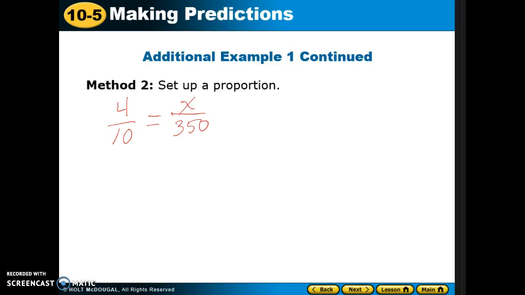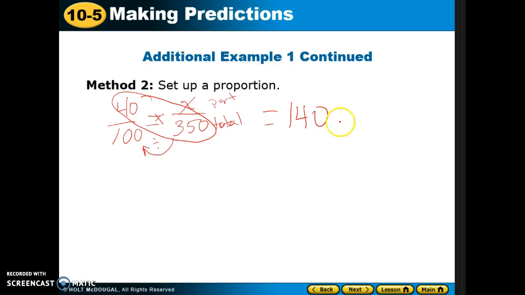So remember, percent over 100, so I could do 40 over 100 equals part or favorable outcomes over total outcomes. Okay? So now I do this cross multiply and then divide. And if I do 40 times 350 divided by 100, I get 140, the same exact thing. So 140 times he should reach, this Lawrence dude, first base.